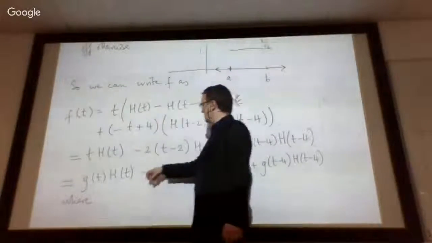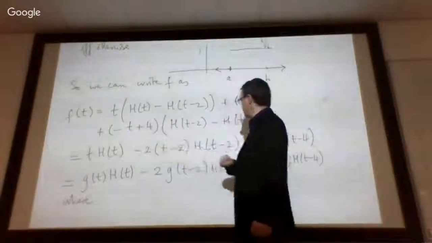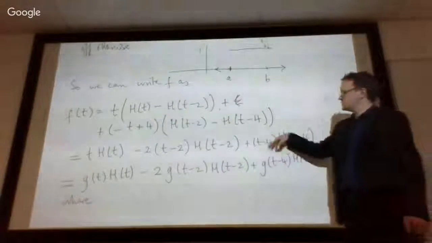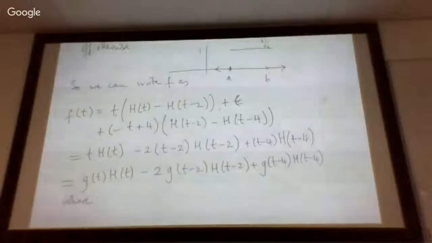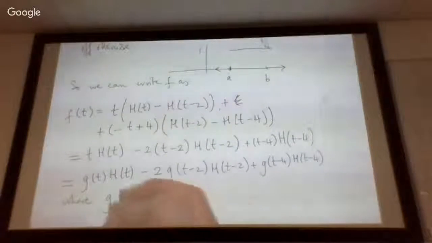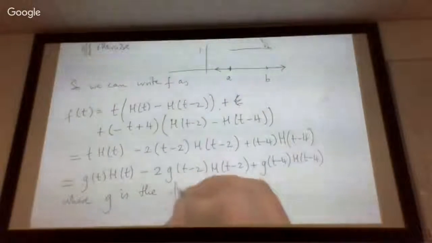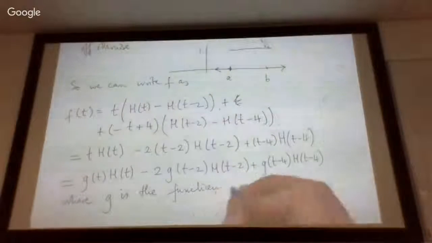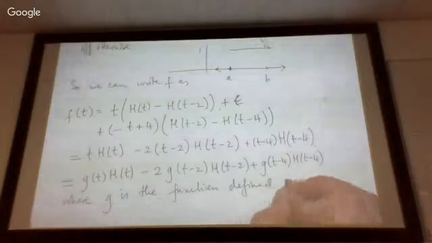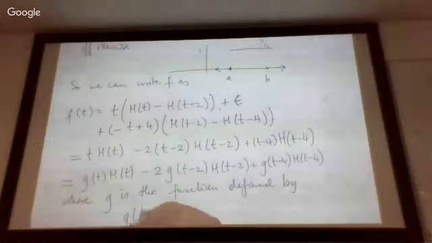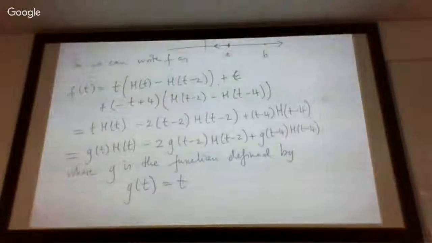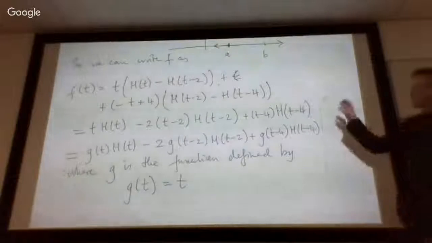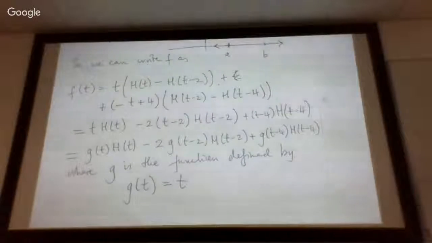So it's just a simple function g, where g is the function defined by g of t equals t. Okay? So that's what's going on here in these three different terms.